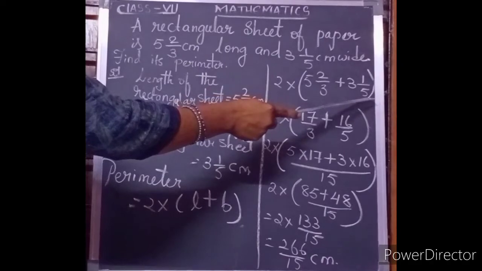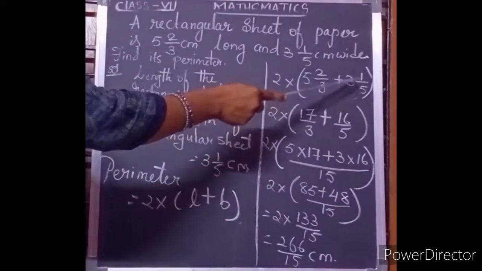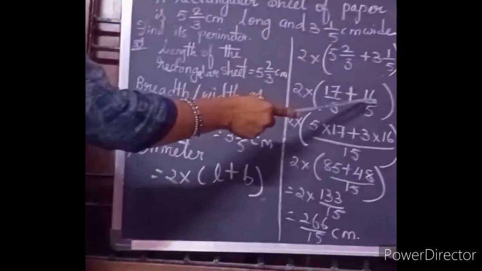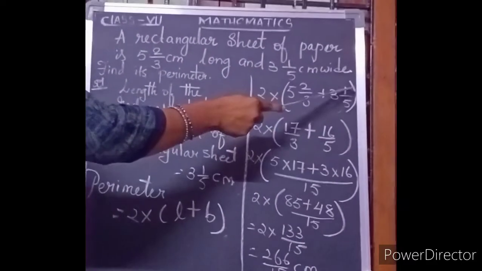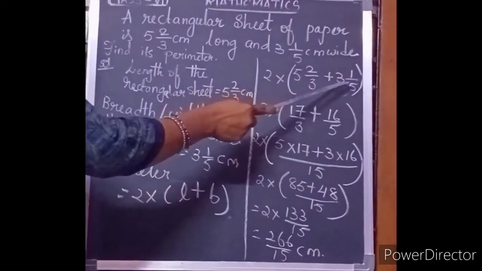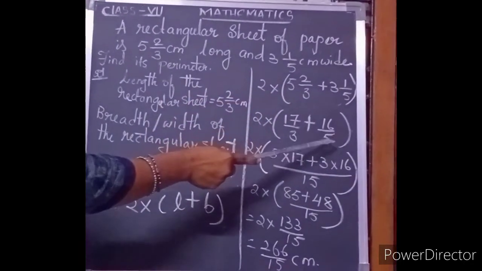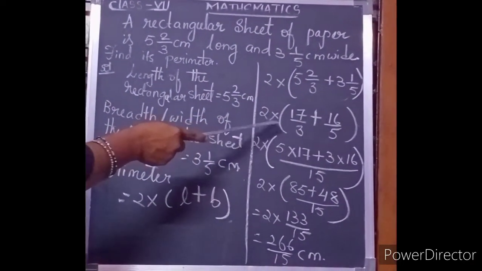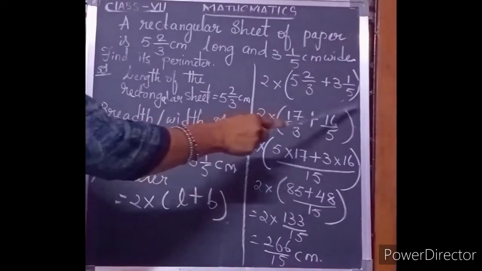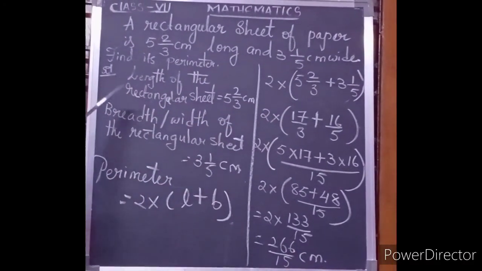Next, again, 5 3s are 15, plus 1, 16. First we should multiply, then add the numerator. So 16 by 5. Now, 2 into, first we have to solve this bracket, children.